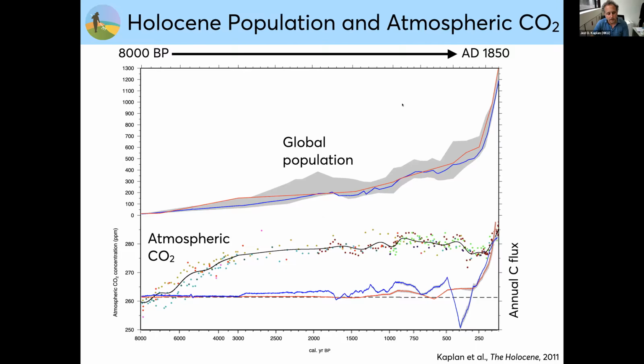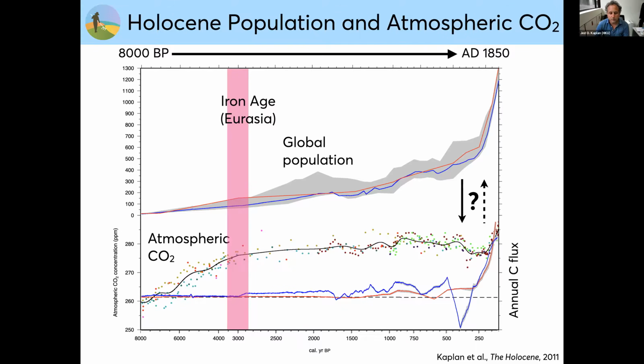So if we look and try to understand what that means in terms of this link between population and atmospheric CO2, what we see is that there is certainly a period when CO2 is rising slightly, this is this line with the dots on it. So all the different dots are the actual measurements of carbon dioxide in polar ice, Antarctic ice that we have.